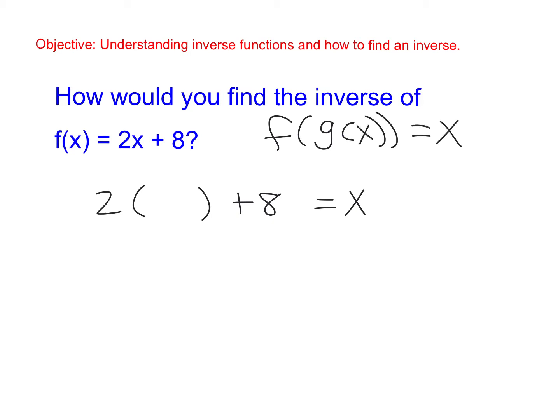We do the composition and we get the identity function out. So think about it. We want to figure out what this parentheses is. So what do you think we should do? Well, we could subtract 8, right? And then what? 2 parentheses means 2 times?